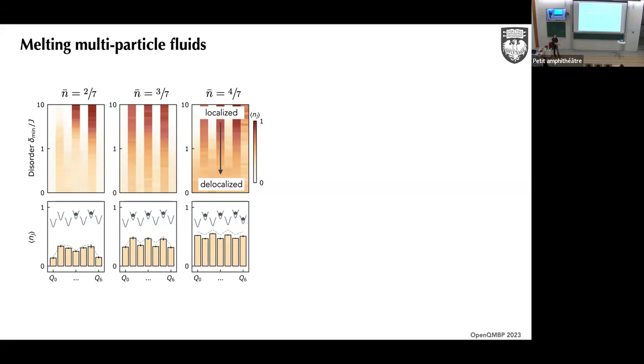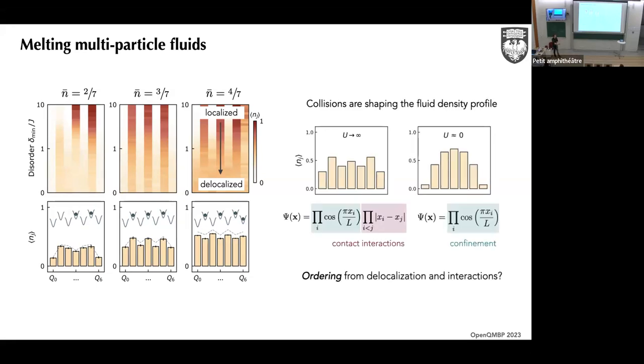One way to think about it, you can do some easy numerical calculation: if I had no interactions, then all the density profiles should just match that of the single particle case. Of course, you have to rescale it by the number of particles, but it should all just be some cosine wave function with some confining factor. Now, if you have interactions, then in your many-body wave function you have to add this contact interaction penalty when 2 particles are on top of each other.